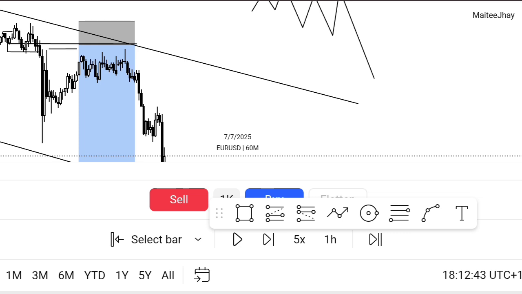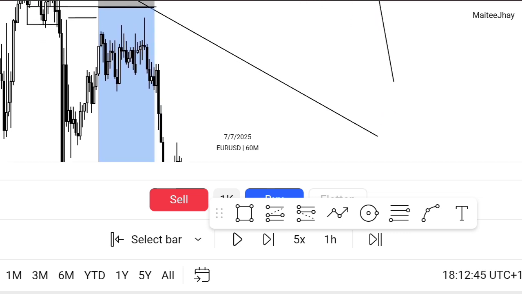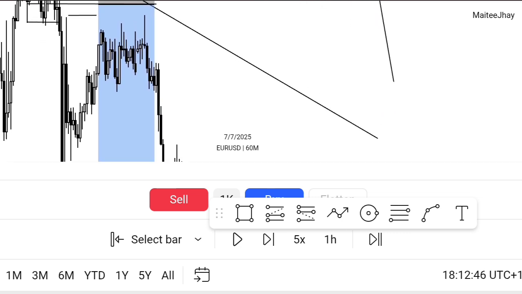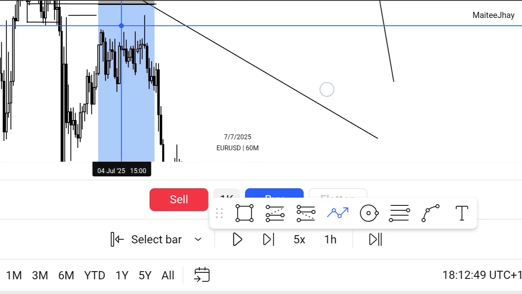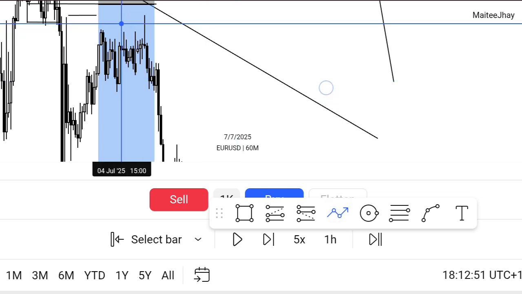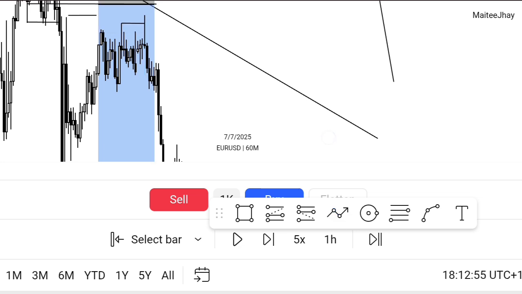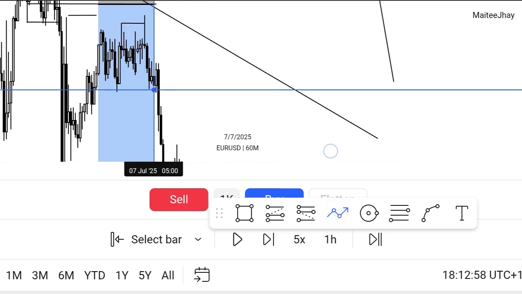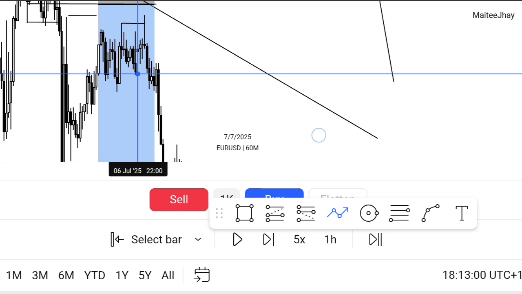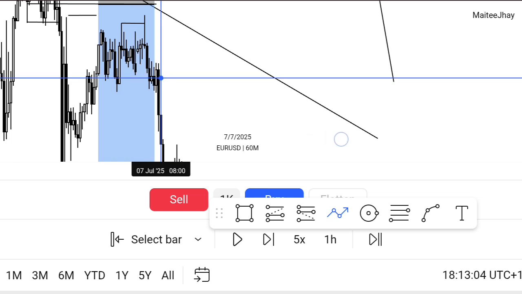So let me give an immediate example here. You can clearly see that the market swept liquidity here, the market swept or grabbed liquidity from this guy, coming back down to shift structure from this low. You understand? The market came back down.